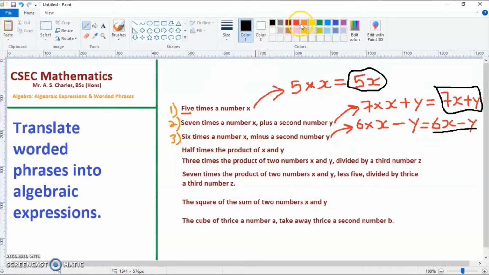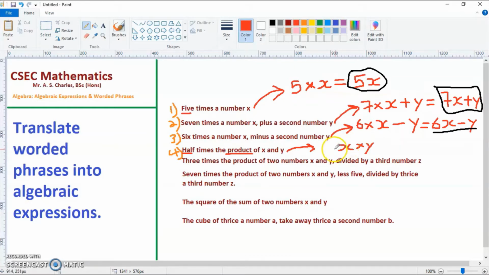The fourth question, we have half. So a fraction is introduced here. Half times the product of two numbers x and y. We're going to pay attention to half and to product. Half times the product of x and y means that we must initially find the product of x and y. The product of x and y is x multiplied by y, because product means to multiply.